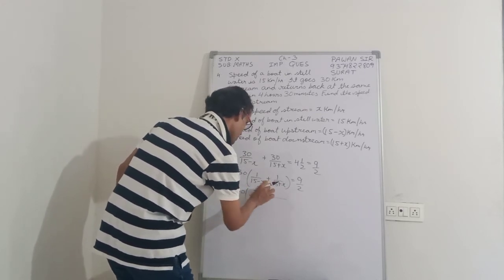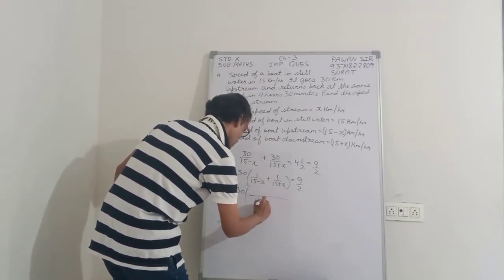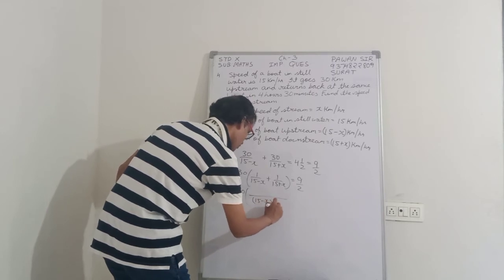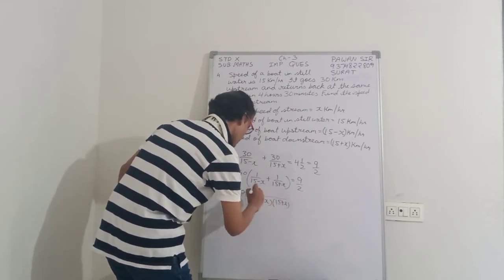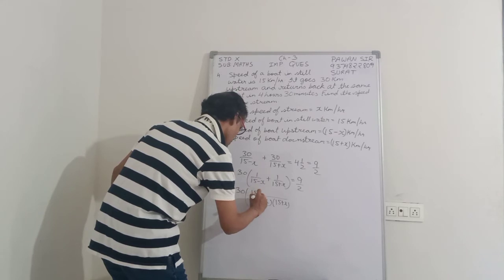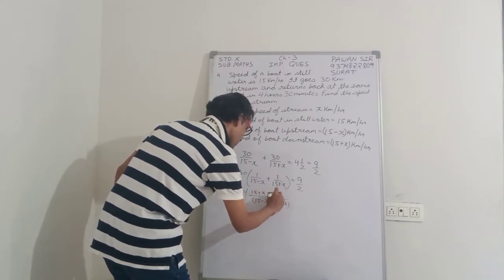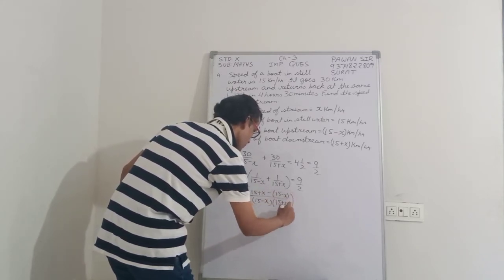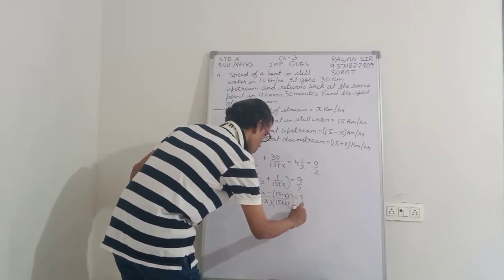Now in this, 1 by 15 minus x, plus 1 by 15 plus x, and here it becomes 15 plus x plus 15 minus x, it is equal to 9 by 2.